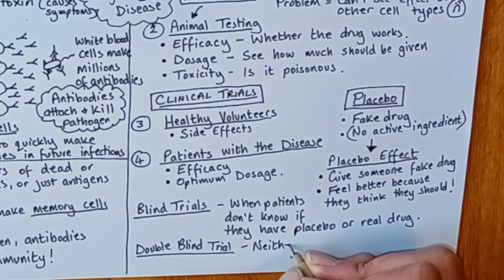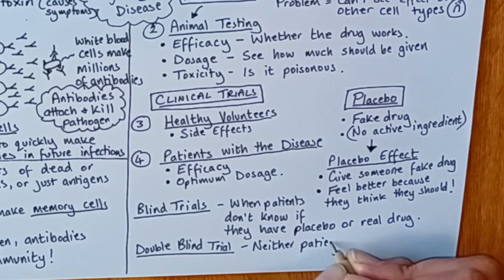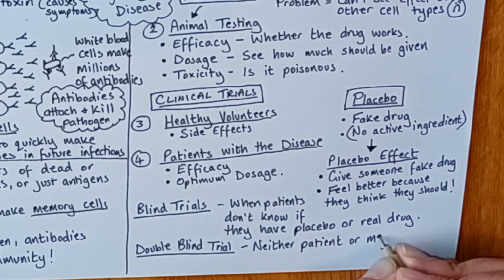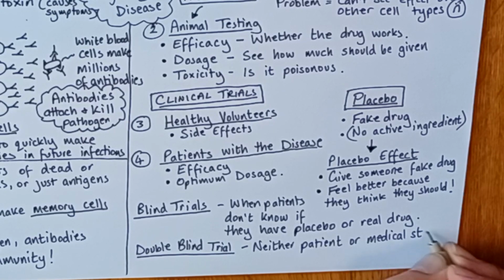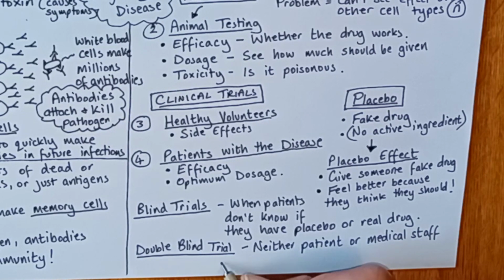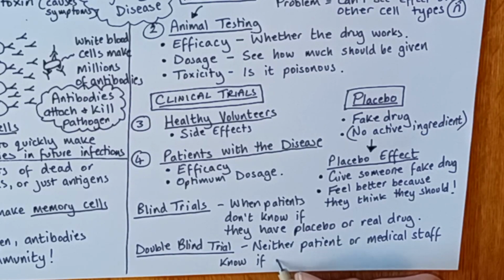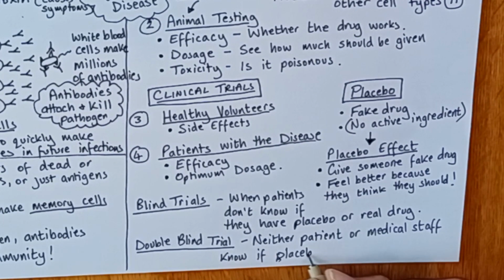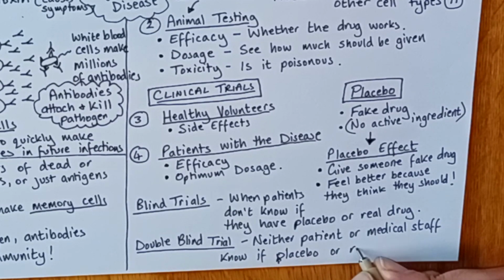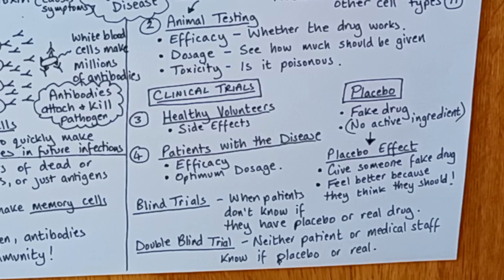So neither patient or medical staff. And that's really important because they found when they started doing blind trials, sometimes the people handing out the tablets would be extra nice to the people that were getting the real drug and extra interested compared to the people who were getting the placebo, because they knew that the placebo people shouldn't really be changing how they feel.